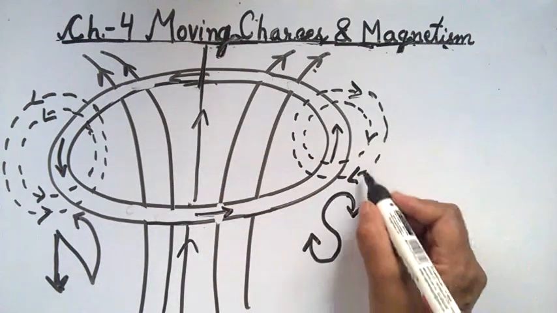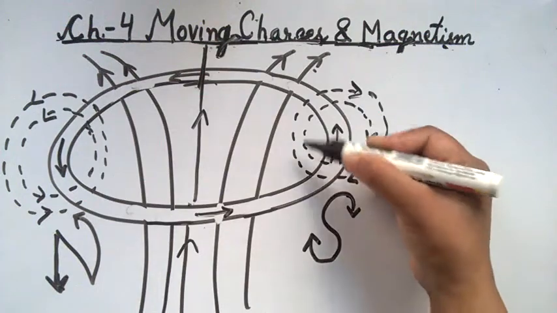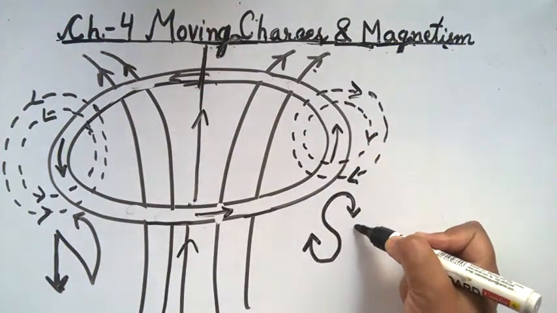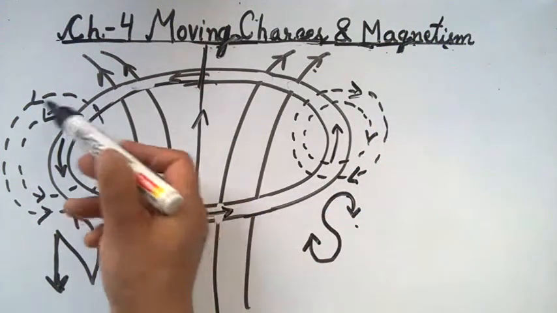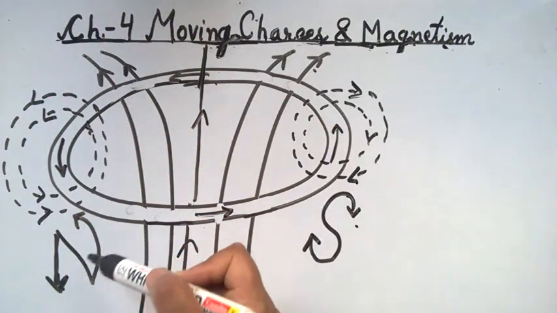When the current is flowing in clockwise direction, it denotes the south pole of a magnet, and when the current is flowing in anti-clockwise direction, it denotes the north polarity of a magnet.